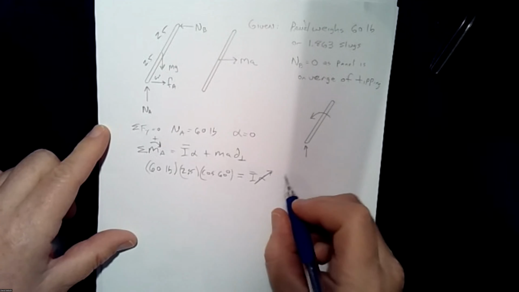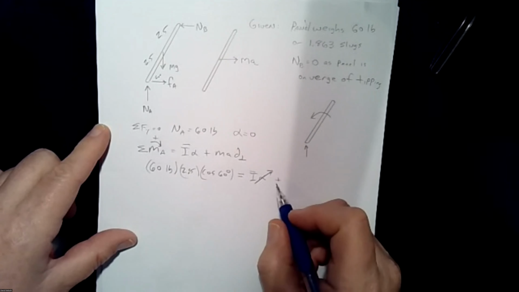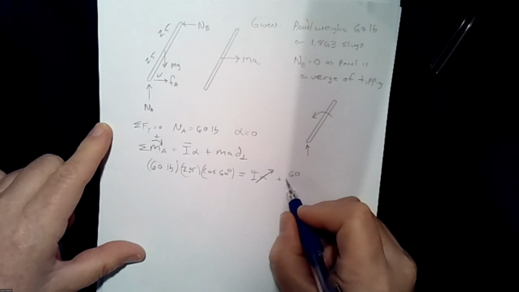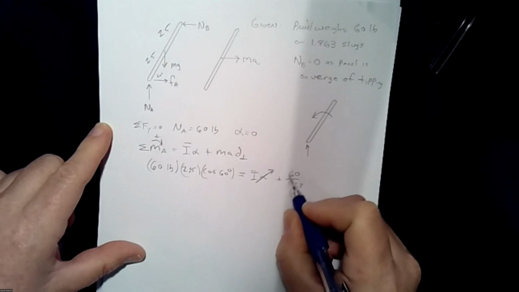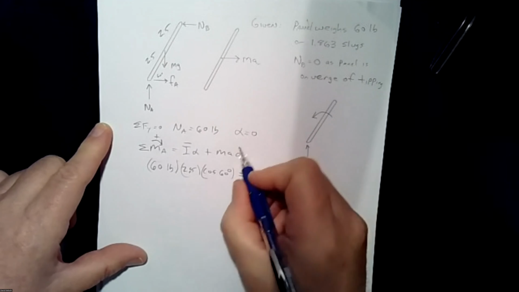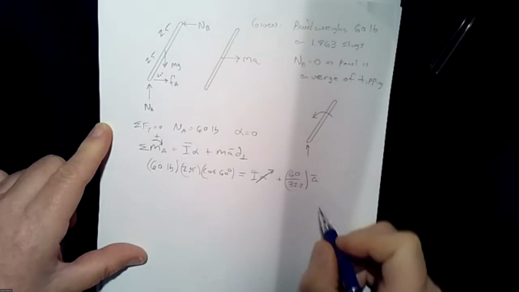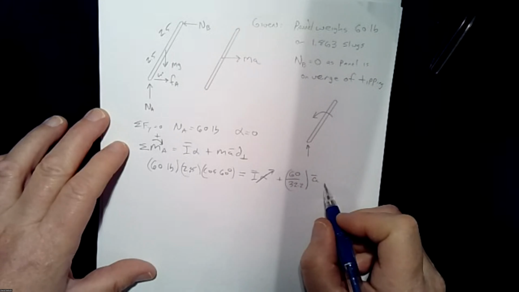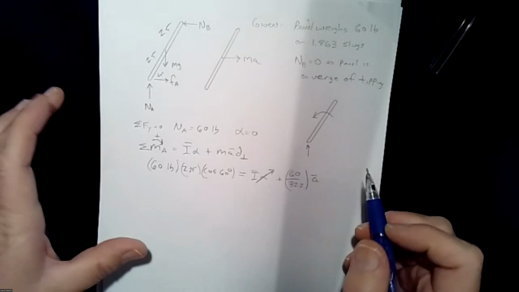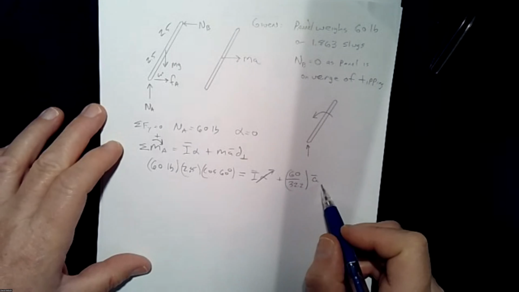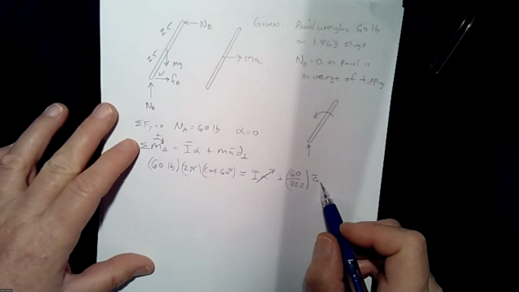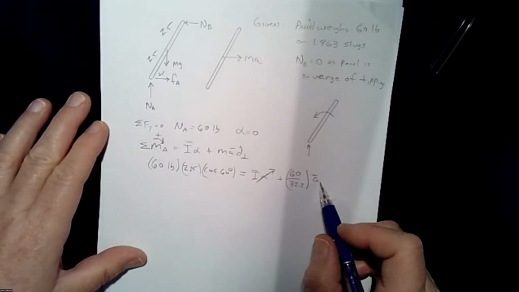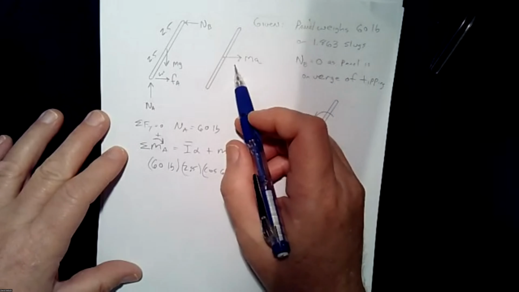And then for our m a d, it's going to be plus our mass, 60 over 32.2, times the acceleration, and then times d perpendicular. We're trying to find the maximum acceleration, so that's what we're solving for. So what's d perpendicular? That's the perpendicular distance of ma.